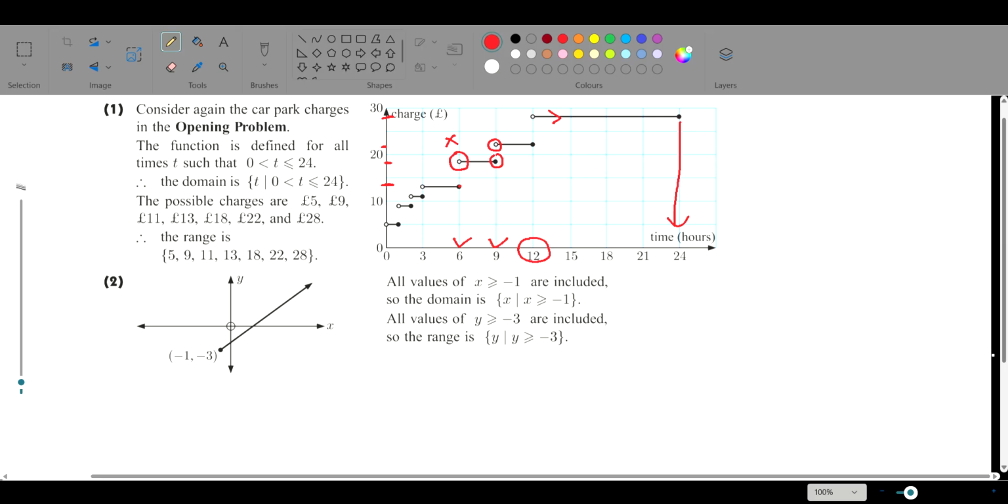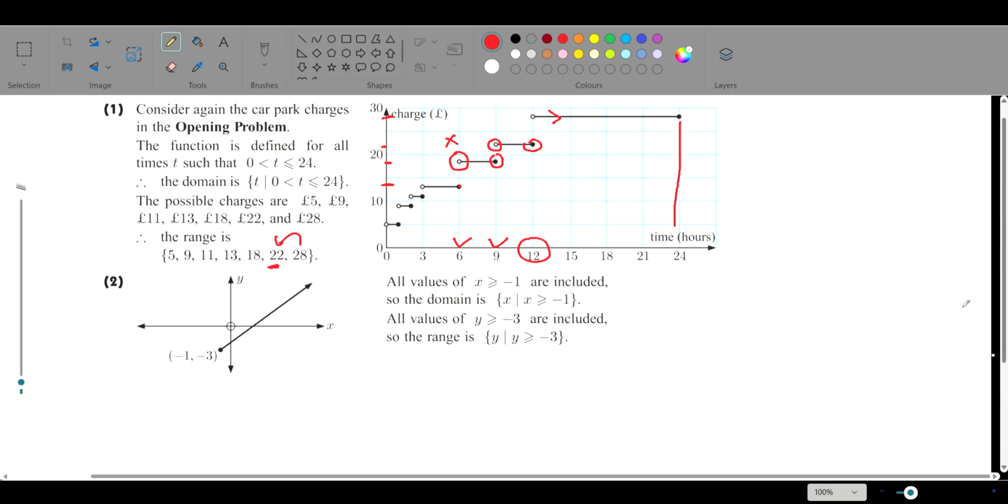So the time boundary, I understand, is from 0 to 24, and so goes the fare also. It's 0 to almost 30. In fact, they have written the range is 28, so the highest is 28. And at 12 hours the charge is not 28. Before that it was 22.